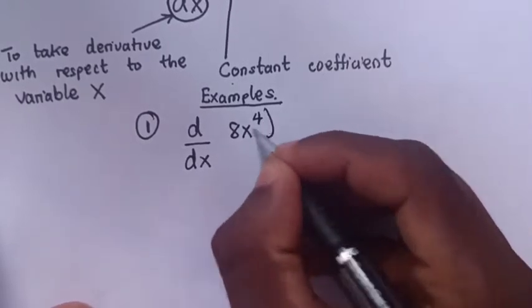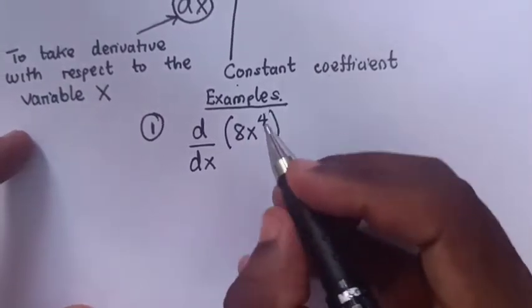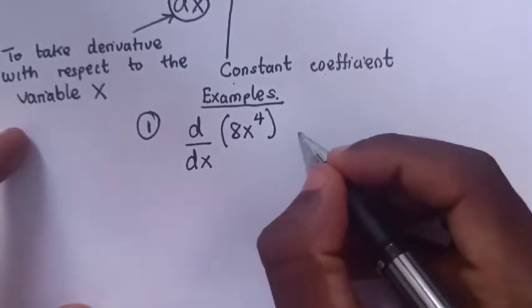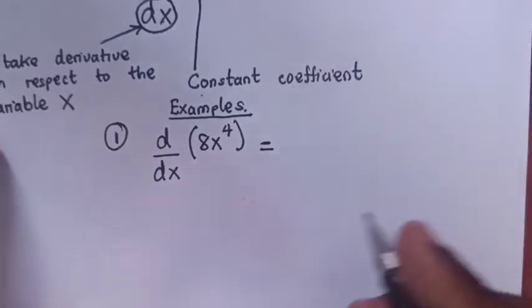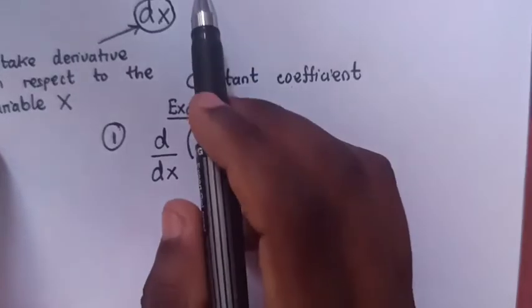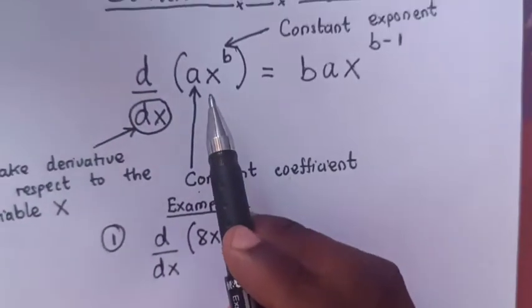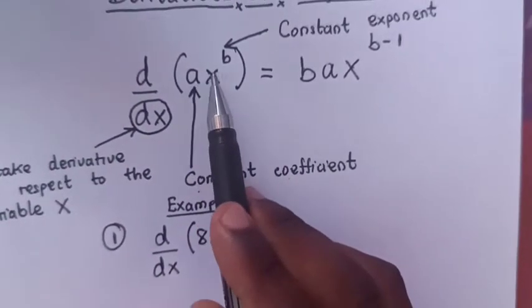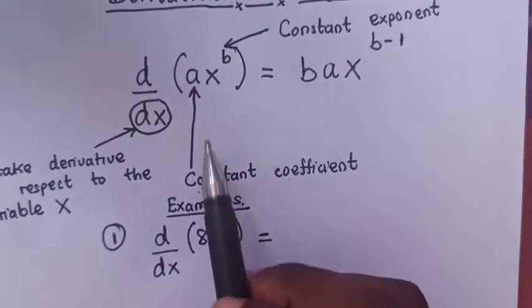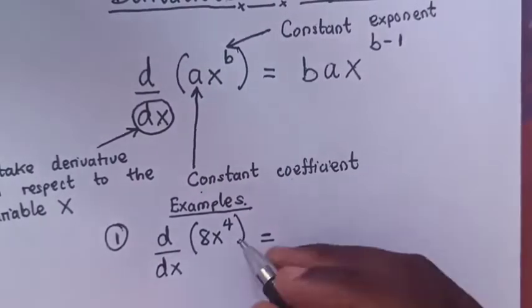The derivative of 8x to the power of 4 with respect to x is equal to, here the first a is 8 and b is 4.